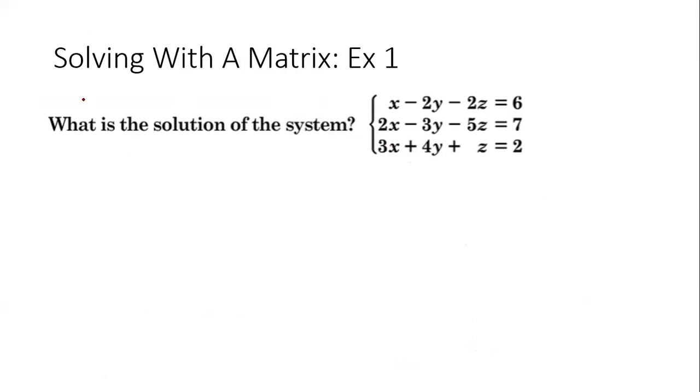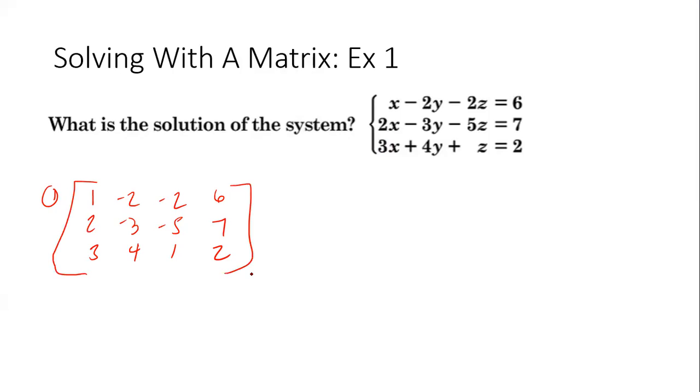So step 1 is to write this in terms of a matrix, which means I'm writing out my coefficients and my constants. So we have 1, -2, -2, 6. We have 2, -3, -5, 7. We have 3, 4, 1, 2. So this is my matrix.